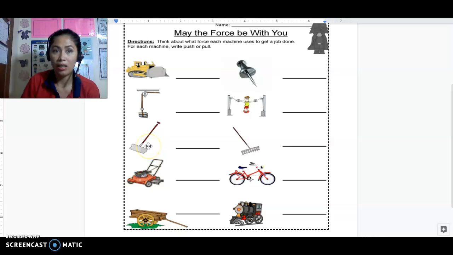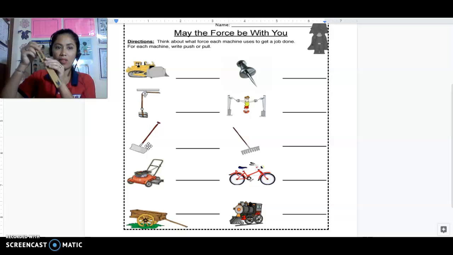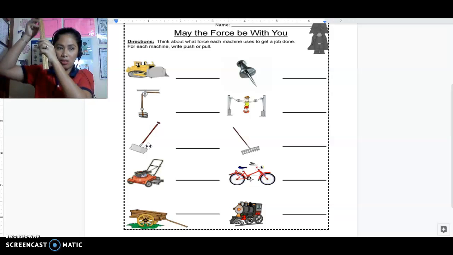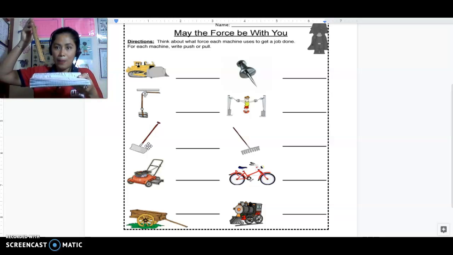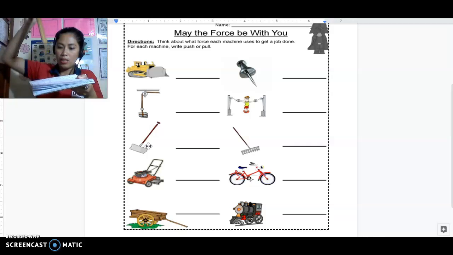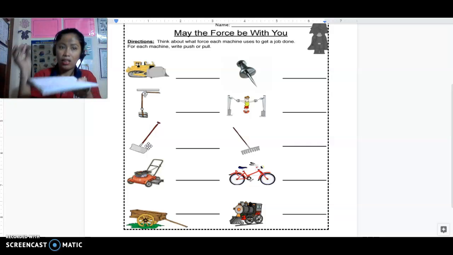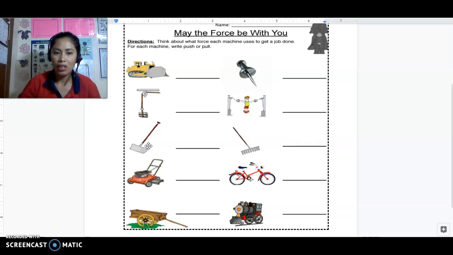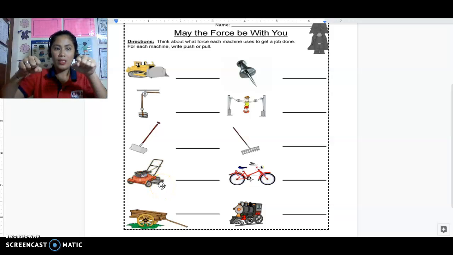When we dig the soil, for example, if this is the shovel, we use it to dig into the dirt or soil. What do we do with this to get the soil? And the lawn mower, in order to move.